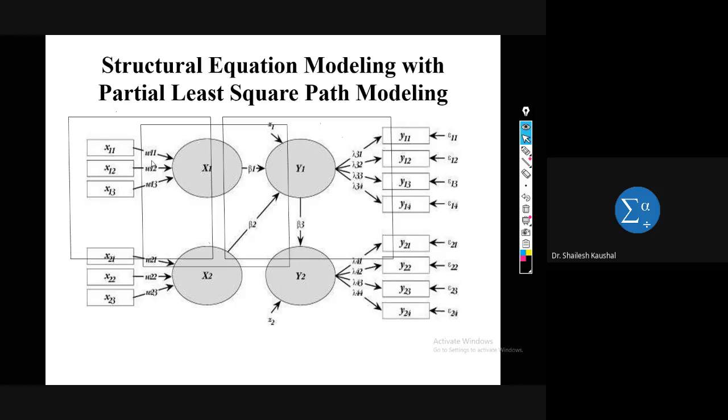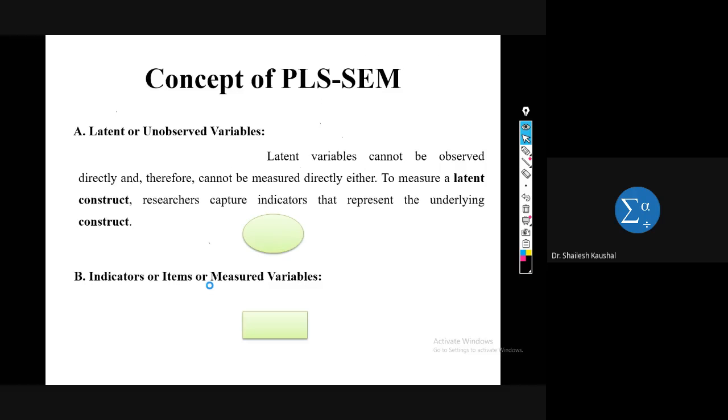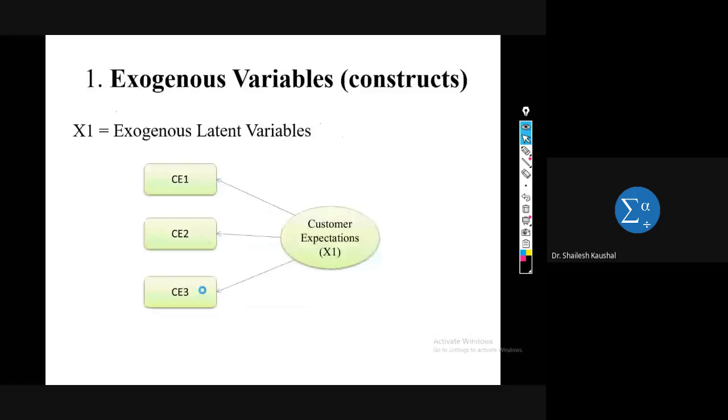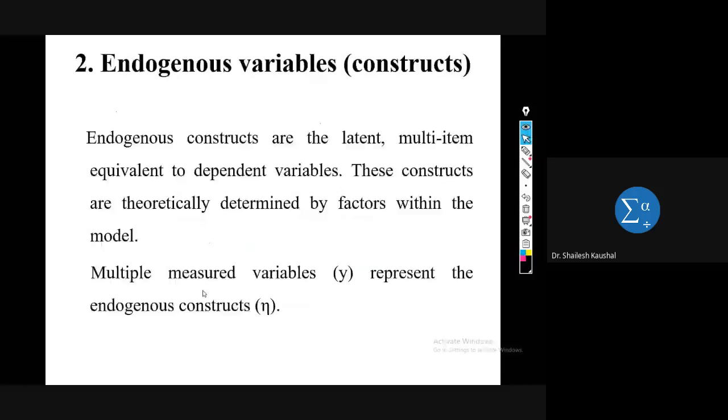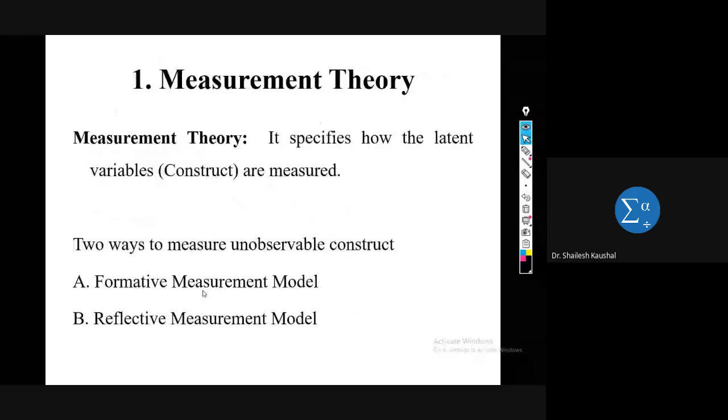So we can distinguish both: outer loading we use in the reflective measurement model, and outer weight we use in the formative measurement model. So here we do not use the term factor loading in either the formative or the reflective measurement model.